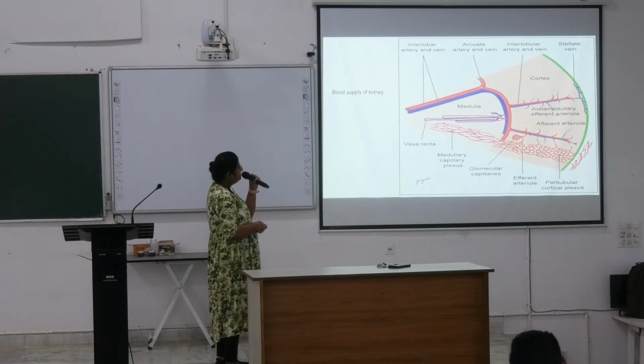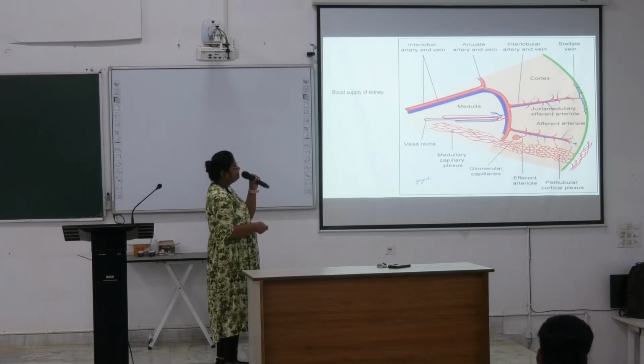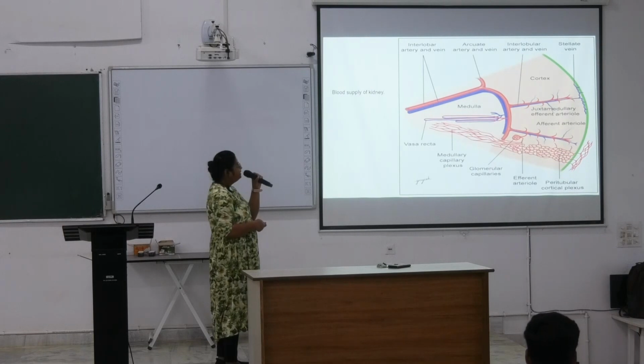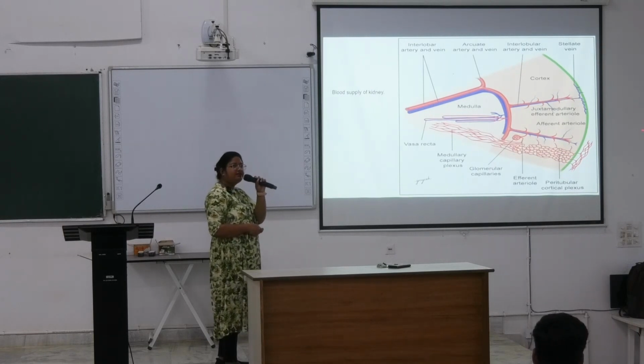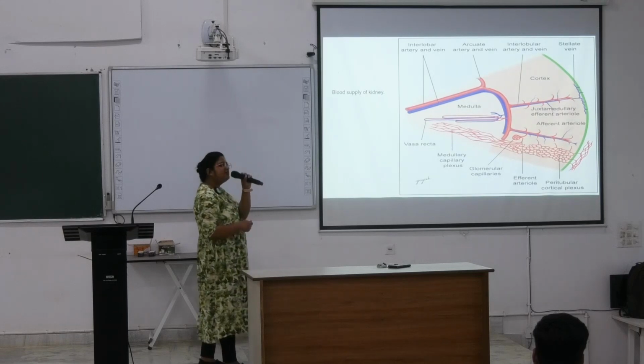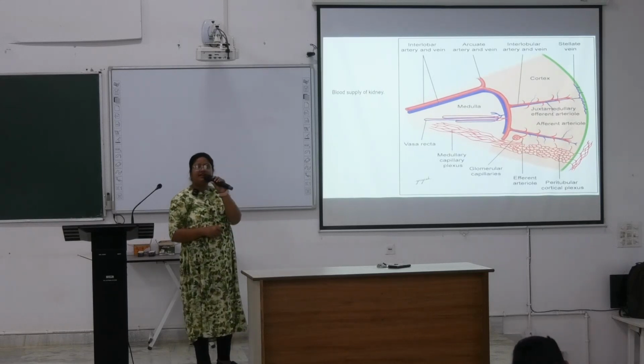And this peritubular capillary plexus is again draining into this interlobular vein, draining into the arcuate vein, draining into the interlobar vein, and then they are joining to form the renal vein. Okay, the renal vein is draining into the inferior vena cava directly.